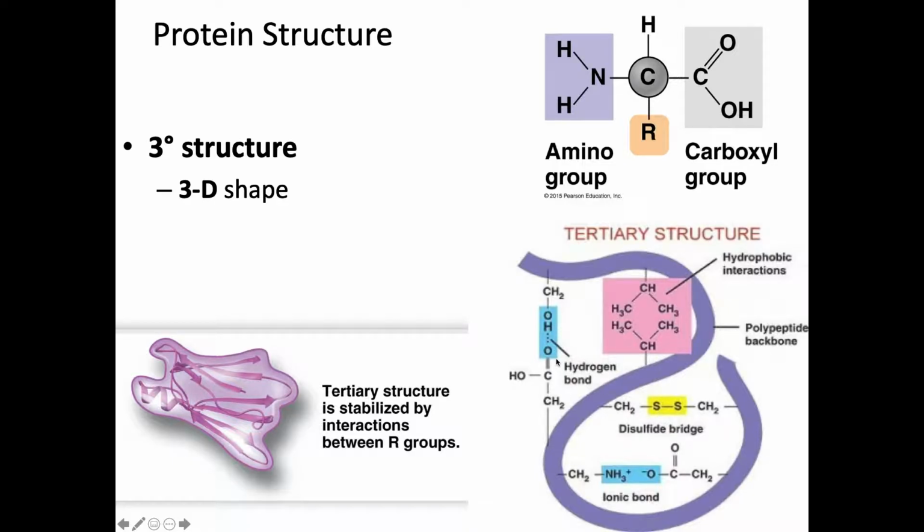You can form hydrogen bonds, you can form disulfide bridges, which is a bond between 2 sulfur atoms. Or you can have ionic bonds, so you can have a cation and an anion being attracted to each other. Or you can even have hydrophobic interactions occurring inside of the protein that's shielded away from water.